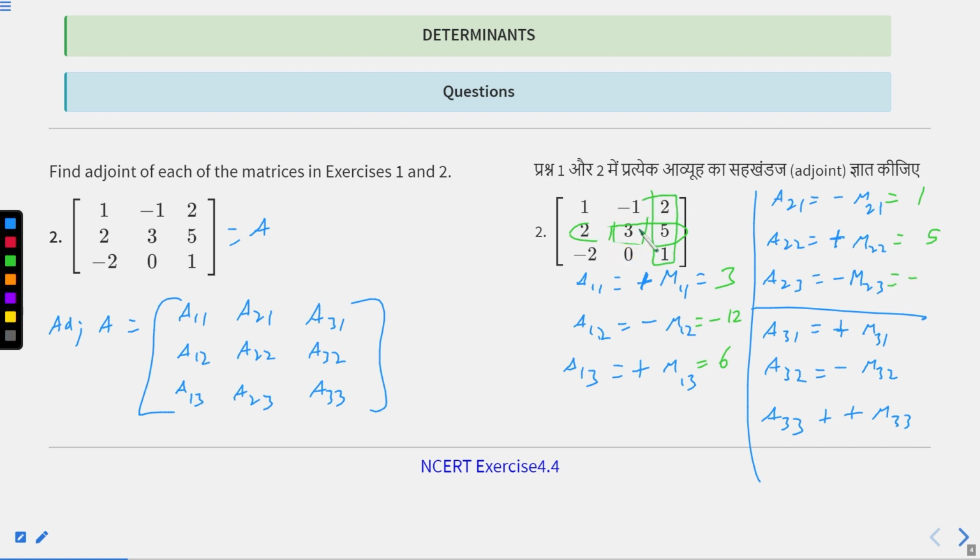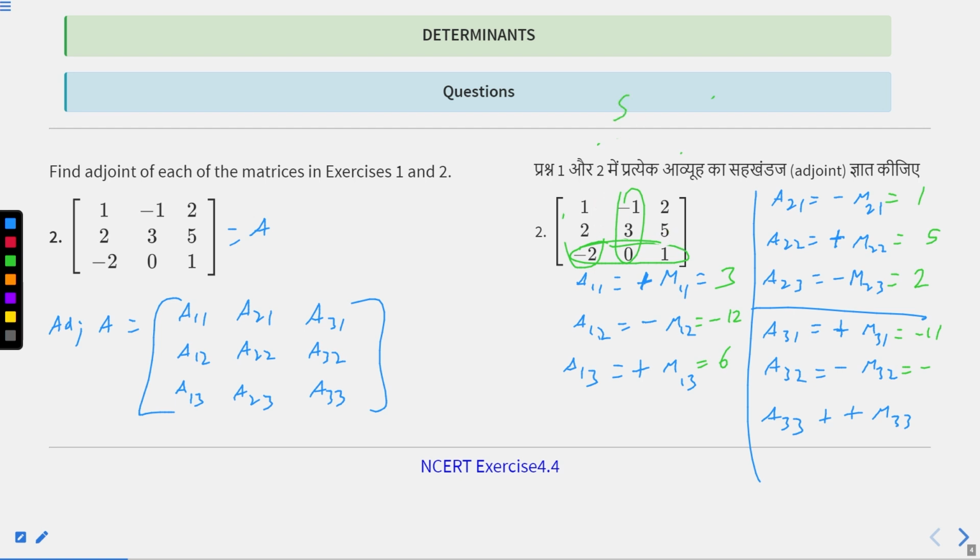This means 0 minus of 2, which is minus 2, and we already have a minus, so this means plus 2. Now for the remaining, you have M31: eliminate the third row and first column. So minus 5 minus 6, you will have minus of 11. Now M32 means third row and second column.